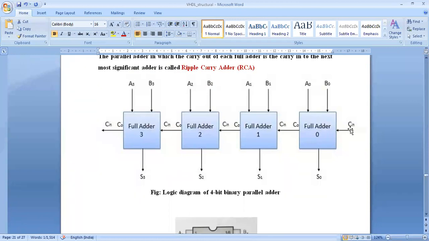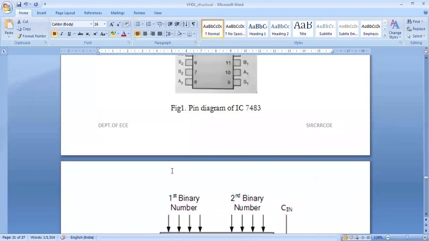For the first full adder, what are the inputs and outputs? A naught, B naught, C in are the inputs, and S naught and C naught are the outputs. Now we have to map these real inputs to the full adder component.